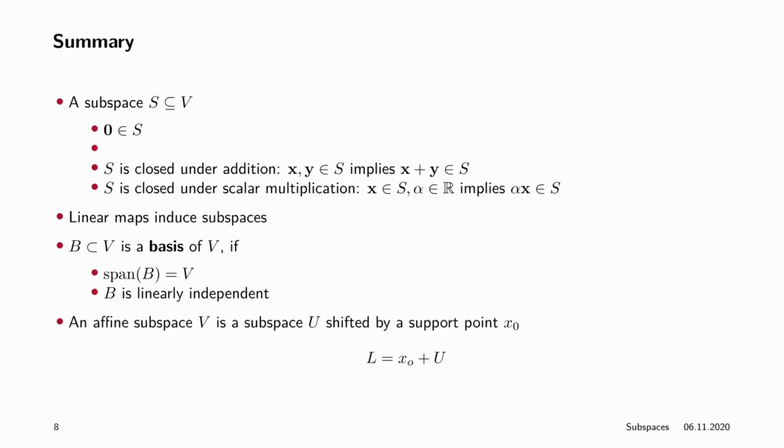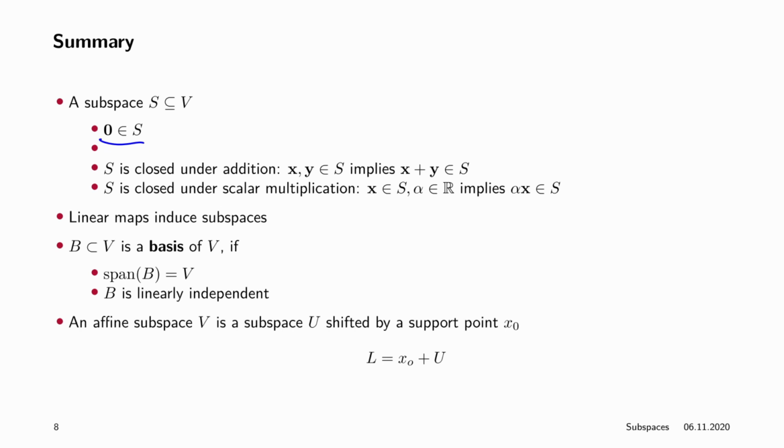We talked about subspaces. A subspace S, which is a subset of V, is a subspace if it contains the null element, if it is closed under addition, and if it is closed under scalar multiplication. Subspaces can be induced by linear maps, which again can be represented by matrices.